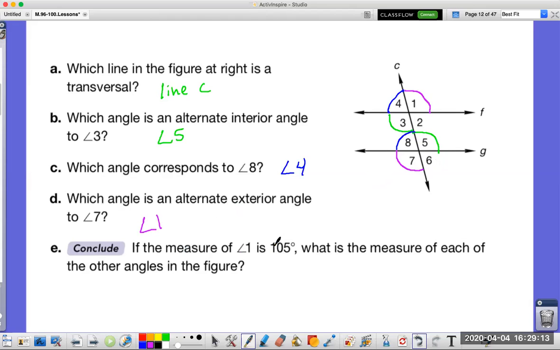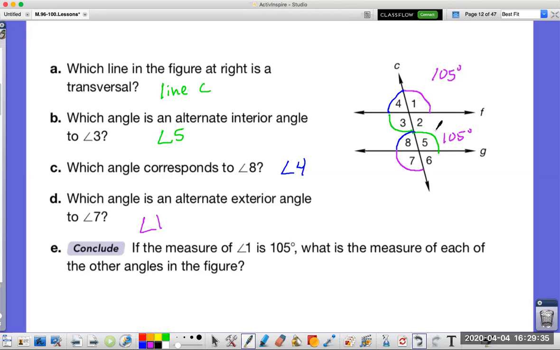If the measure of angle 1 is 105 degrees, what is the measure of each of the other angles in the figure? Well, that's pretty easy to find out what angle 5 is because it's corresponding. I can see angle 5 is 105.